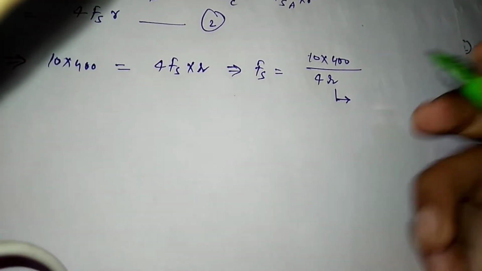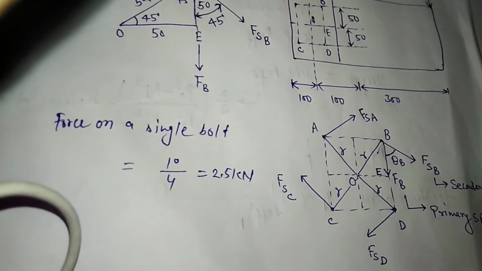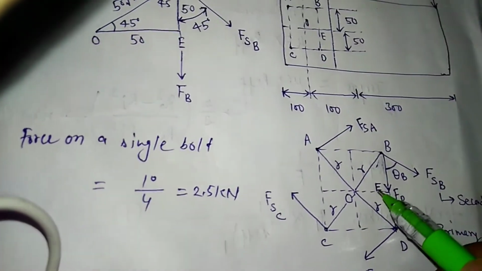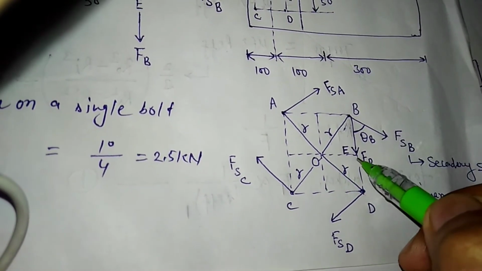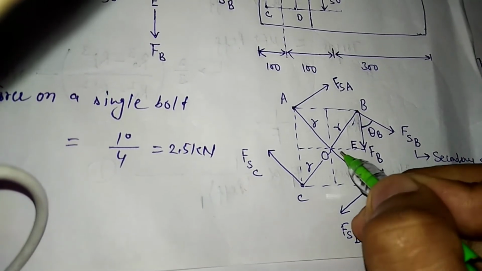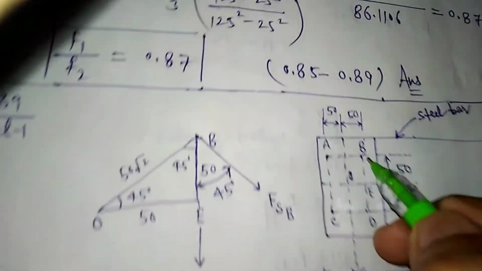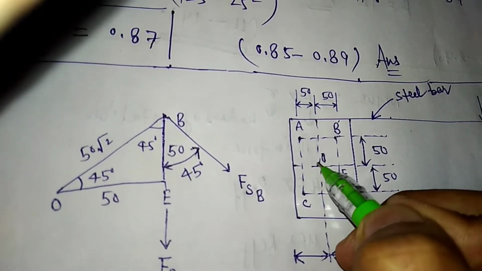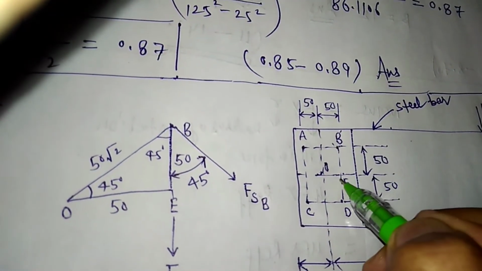Now calculating this distance, R is the radius of rotation. So see the figure again. In triangle OBE, this distance OE is 50 mm and OB is 50 mm.